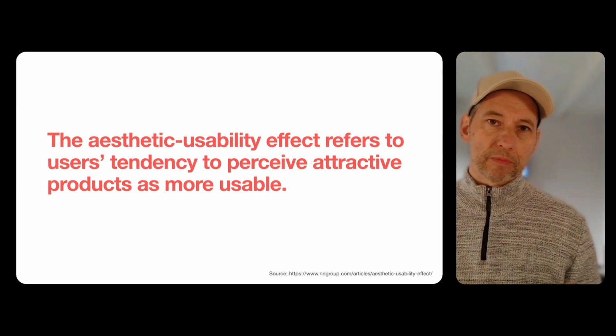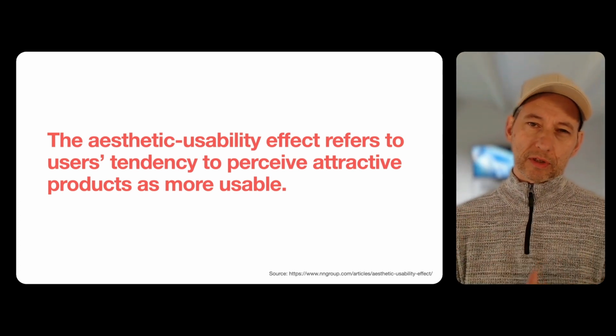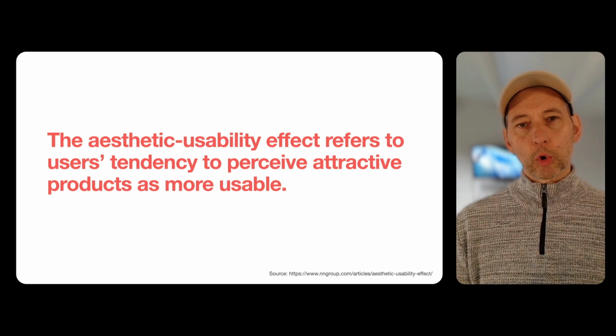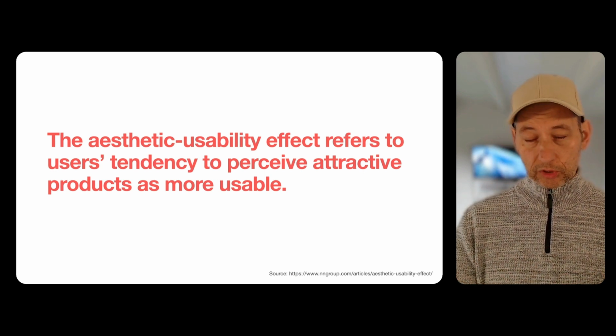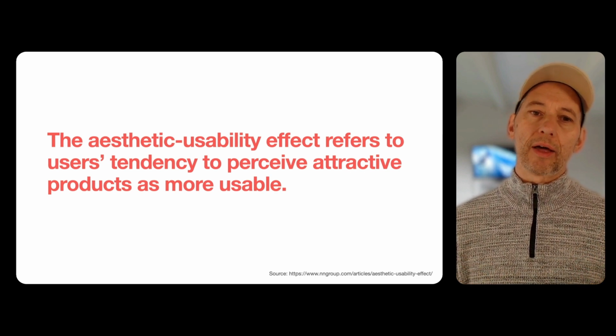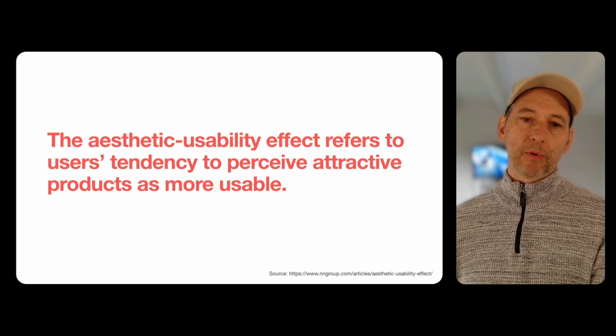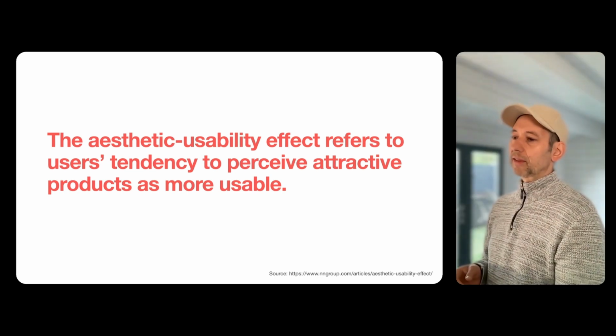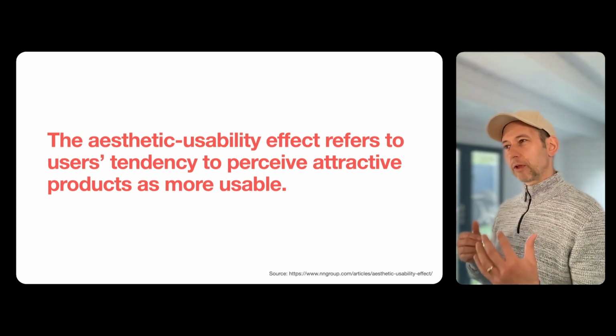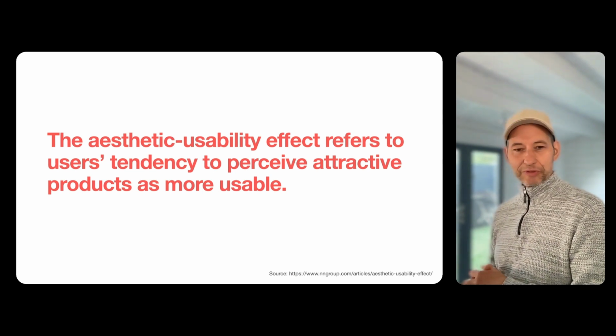You can use motion to give a feeling of performance. Overall, the visual design of the UI and the motion work together to give people the feeling that the product was really good. This was the aesthetic usability effect in motion, to use a pun there.